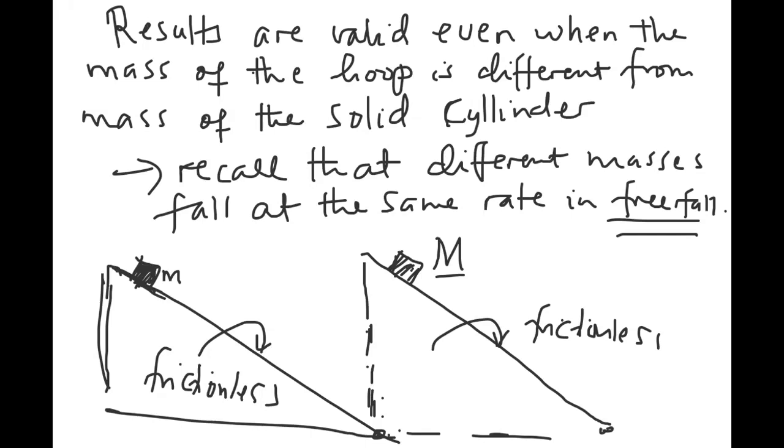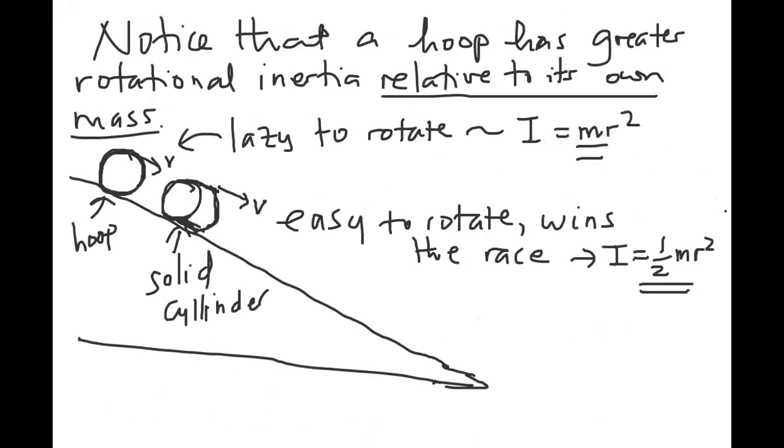So for that reason, in this experiment, whereby we see that the hoop loses the race with the solid cylinder, our explanation should focus on how the rotational inertia formula looks like. We shouldn't worry about the mass, because mass doesn't affect the way things fall down to the ground in free fall or the way objects fall down an inclined plane.